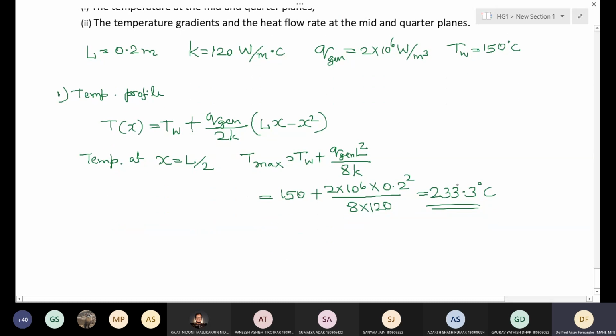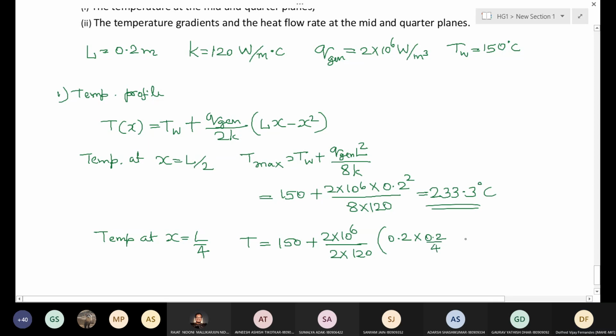Now you can find at X equal to L by 4. So you can substitute: 150 plus 2 into 10 to the power 6 divided by 2 into 120, and now you substitute L as 0.2, so L by 4 is 0.2 by 4, minus 0.2 squared by 4 squared.